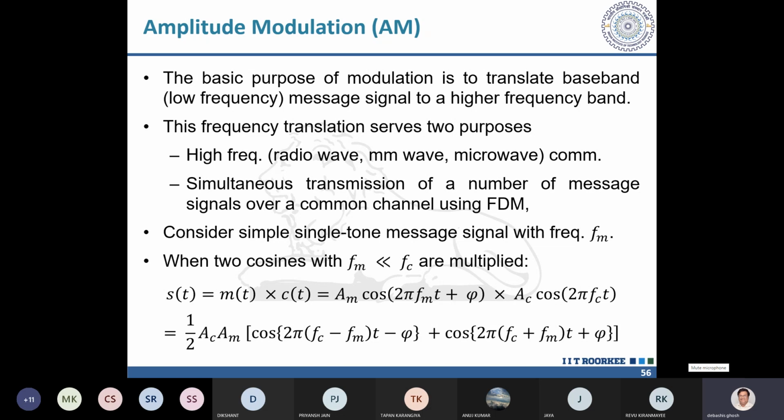Your digital watch also has an oscillator in it. So an oscillator generates signals of some frequency. I have one oscillator generating a carrier signal which I am writing as Ac cos(2 pi fc t). So now I am multiplying it.